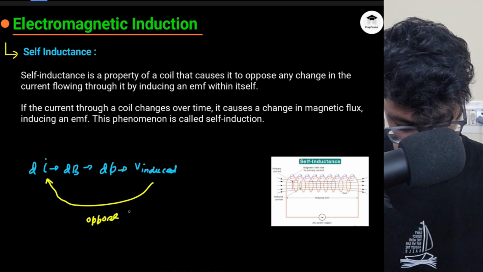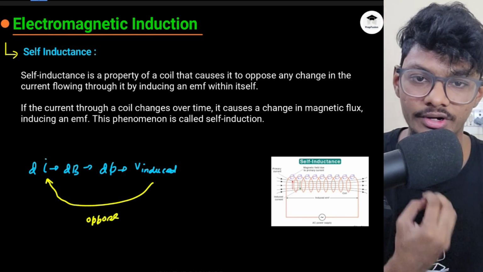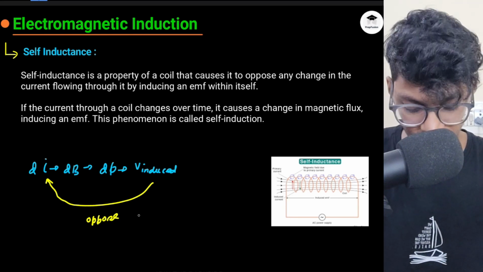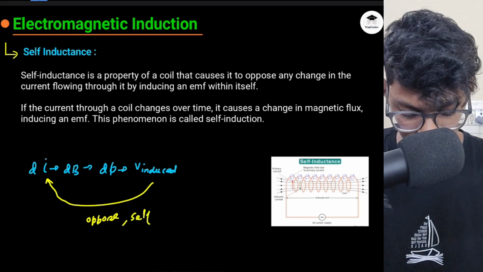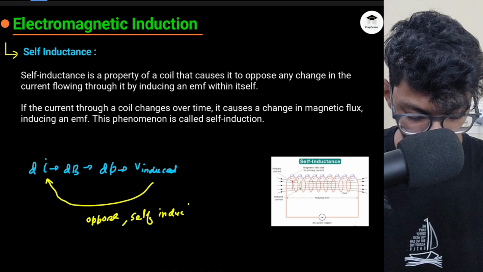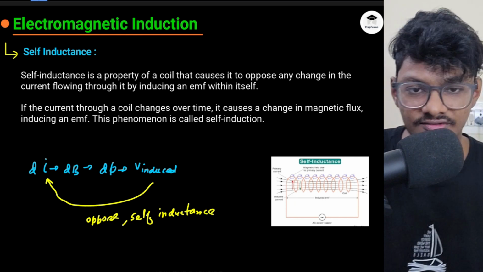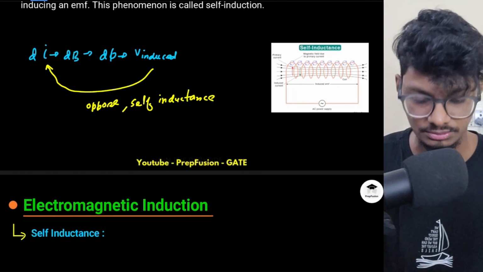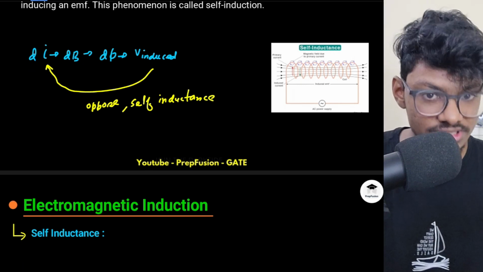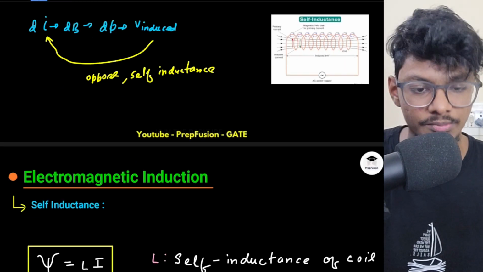Because I don't want to change my state, I want to remain in the same state. So this is sometimes known as self-induced EMF, and the property is known as self-inductance. I hope you understood this one, because it's due to its own change in current that it is inducing some EMF.